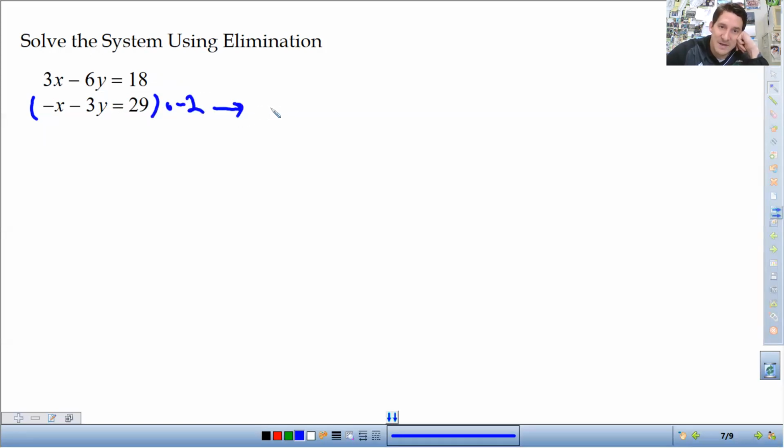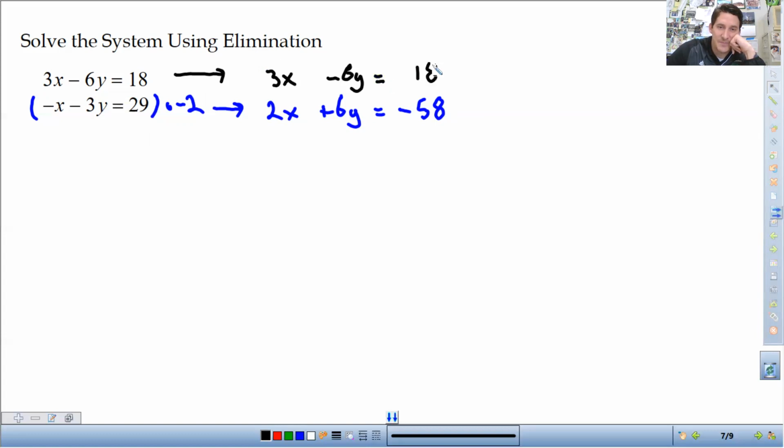So I'll get a positive 2x. Negative 2 times negative 3y is a positive 6y. And then negative 2 times 29 is negative 58. And I'm going to line up this equation above it. You get 3x minus 6y is equal to 18.